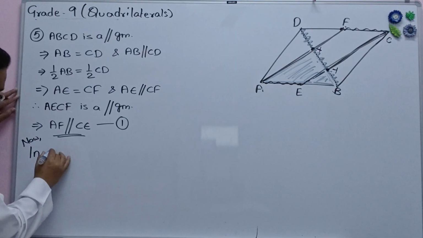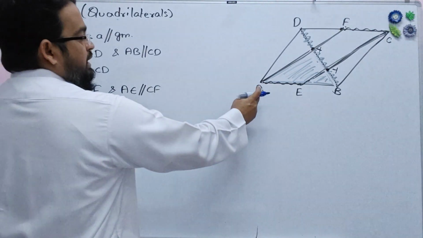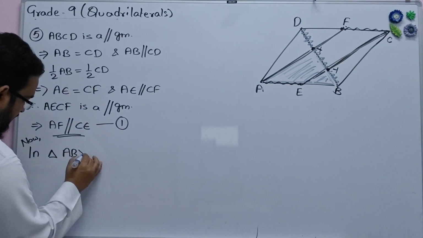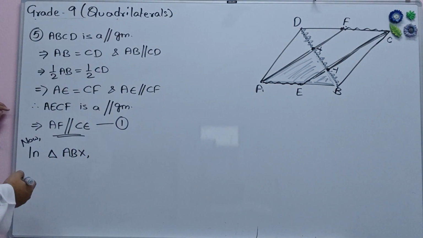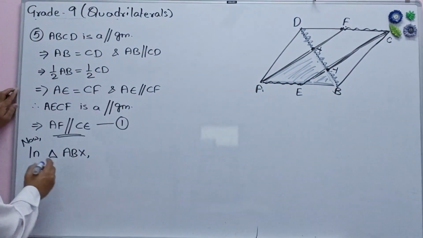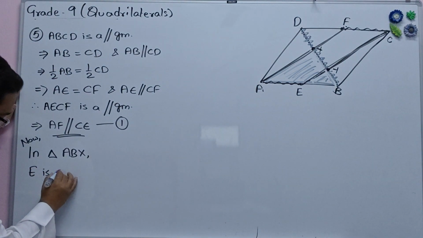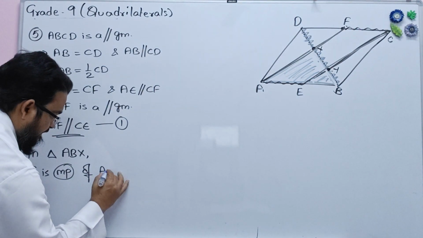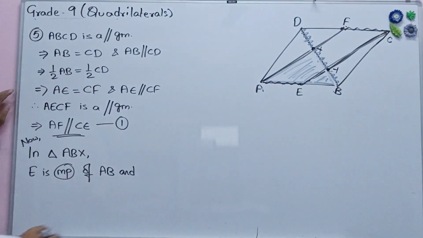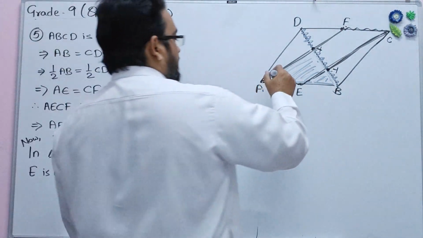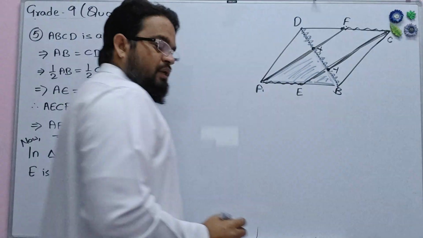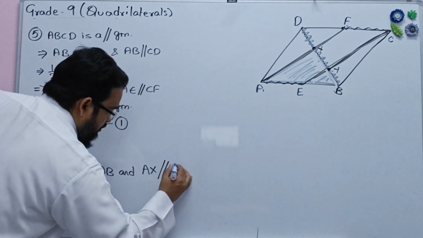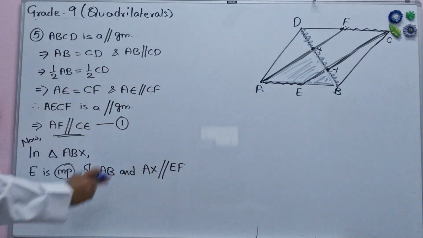Now let us see in triangle. What is this triangle? ABX. In triangle ABX, E is what? E is midpoint of AB and AX is parallel to EY from first equation.